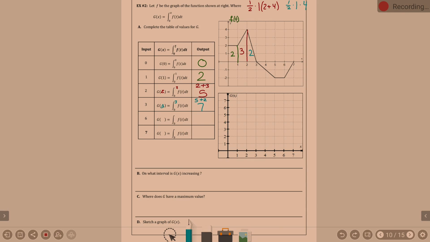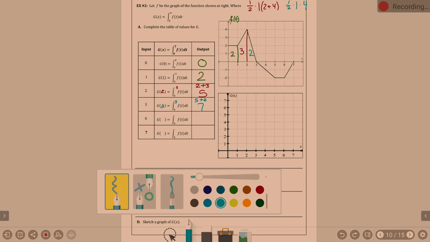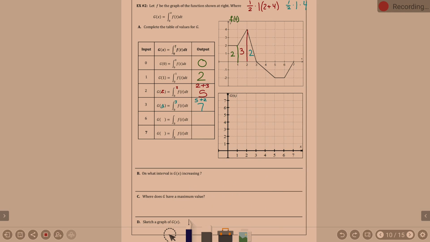Okay. And now we're going G of 6. So integral from 0 to 6. We already know we're at what? 7. Okay, where are we going to 6?